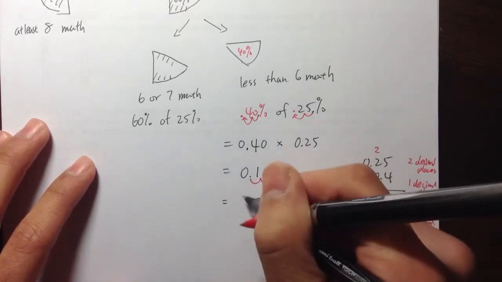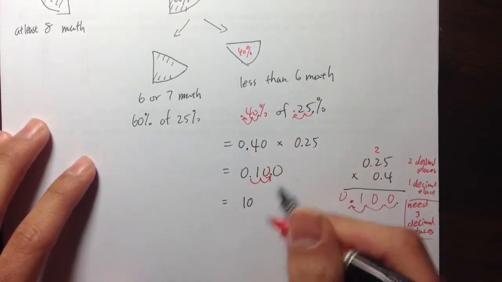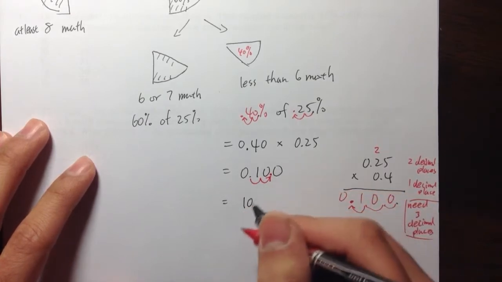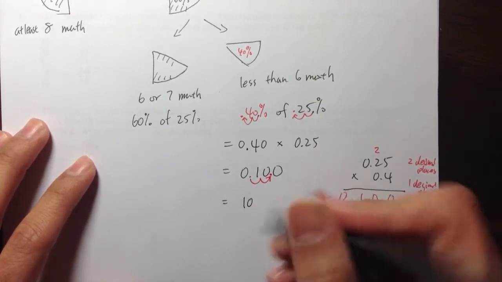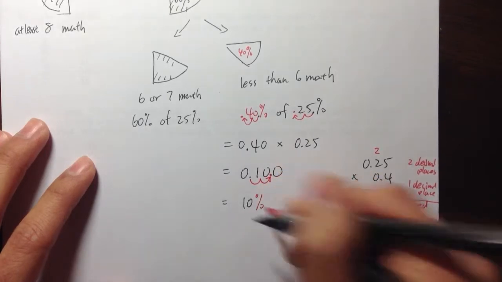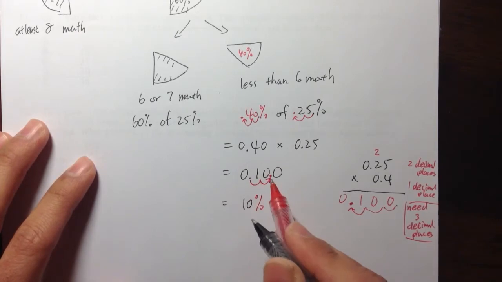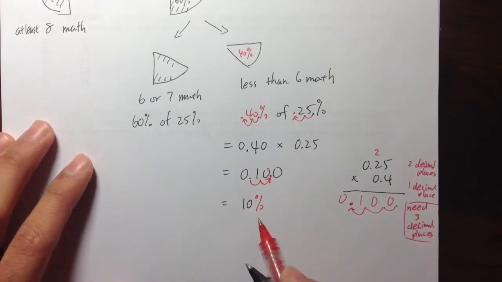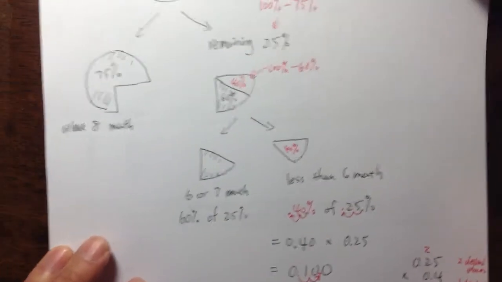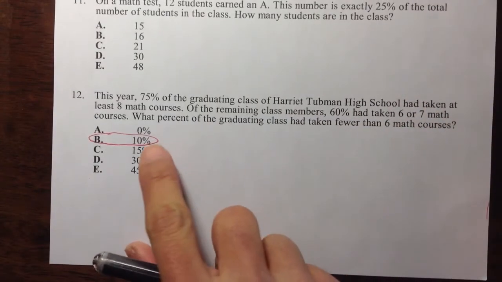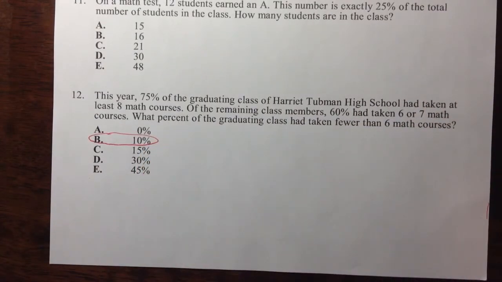This is just 1 0, which is just 10. 0.0, but it doesn't really matter after the decimal point. So this is just saying 10, and now we can add a percentage because we moved the decimal point once, twice to the right. We put a percentage right there. And there we have it. That's question number 12. Answer choice is B. Correct answer is B.